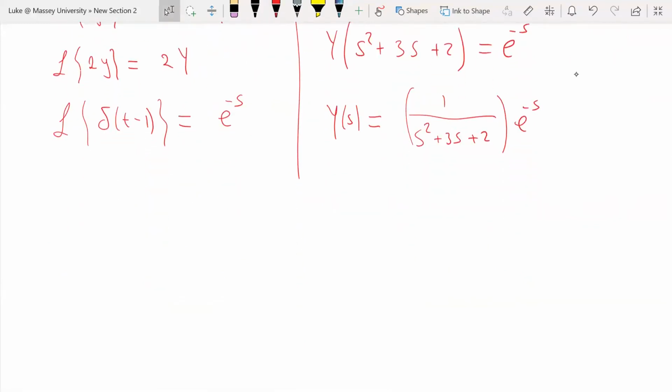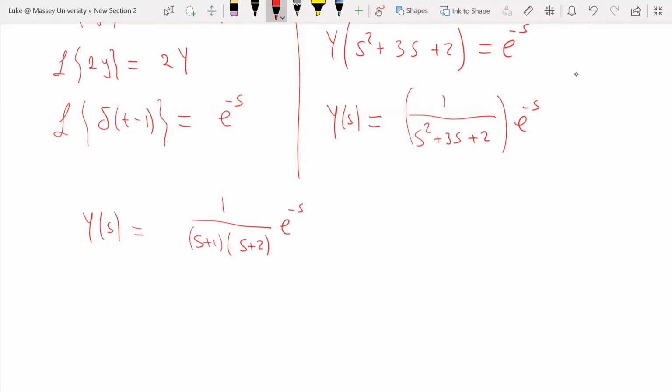The denominator I can write as 1 over (s plus 1)(s plus 2) times e to the minus s, just turning that quadratic into a product of two linear factors.